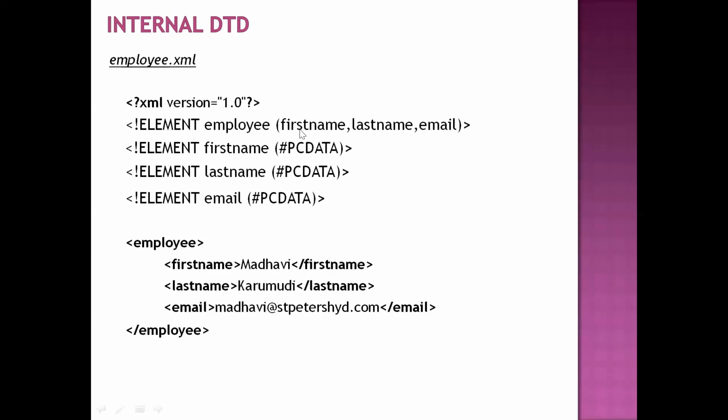Suppose here you write first name, email, then last name, then definitely your parser will return an error. In whichever order you have specified in the DTD element declaration, in the same way you have to specify it in the XML document also.